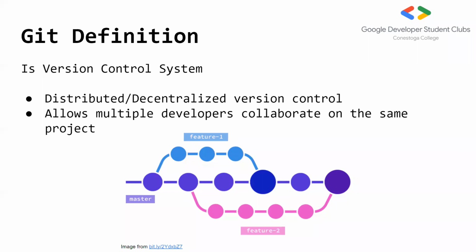So many developers can work on a project, so they can create different branches and work on different features, right? Imagine you're in a company and you have 50 people. So 50 people can work on different features. You can create different branches, and then each team can work on a separate branch, on a separate feature, essentially, as you can see.